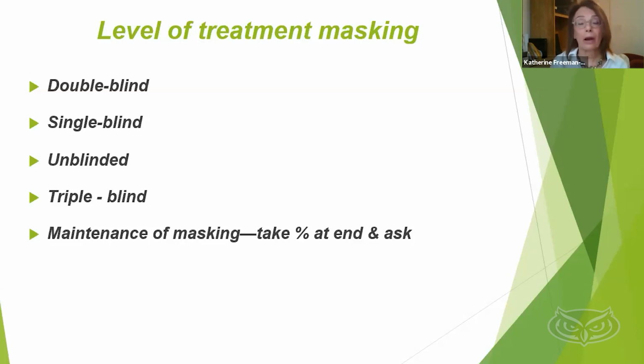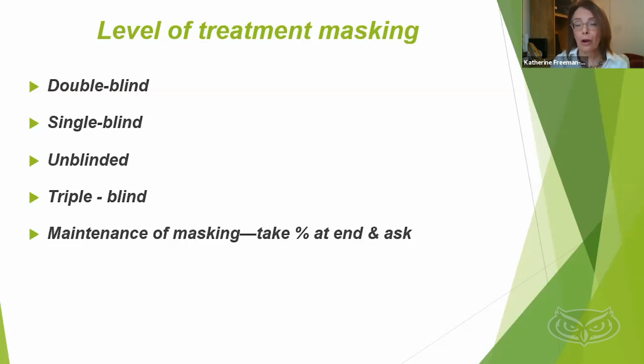An unblinded trial is really out of necessity part of behavioral clinical trials, where you can't mask what treatment group the patient's in. You have to inform them in the informed consent form.